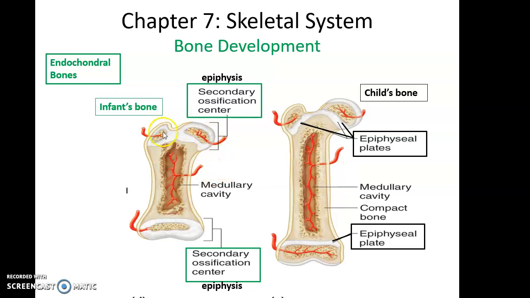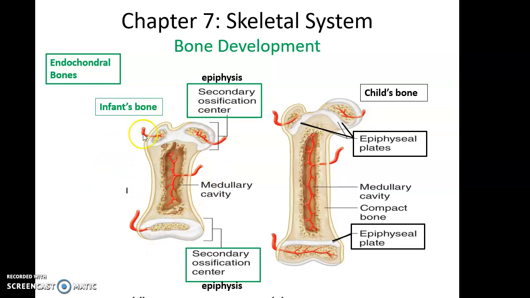Then we would get secondary ossification centers developing in the epiphyses on either end. And this again will start off with osteoblasts that will produce the organic bone material that becomes calcified, and it'll spread and so on.